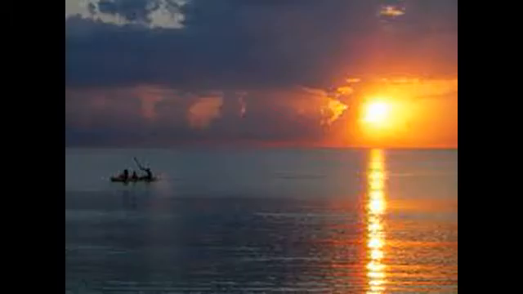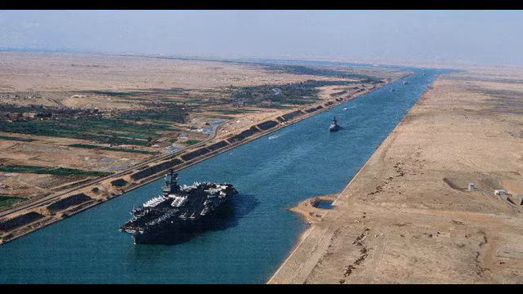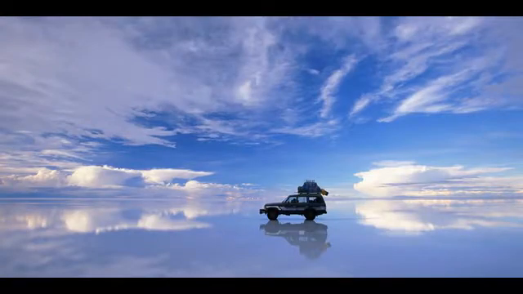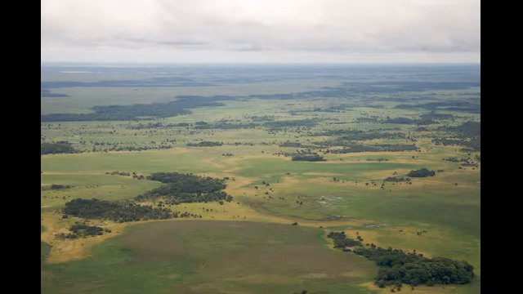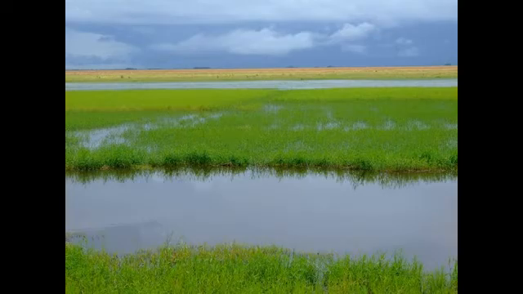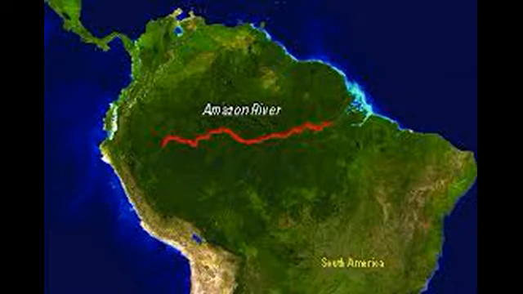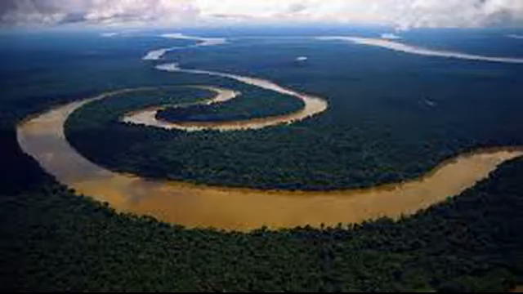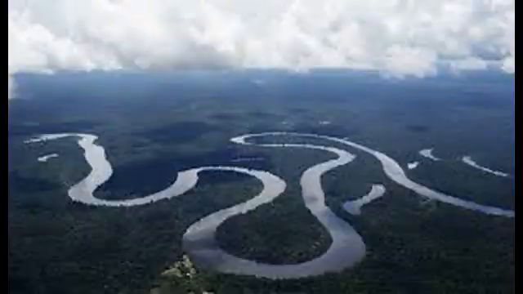Other proofs of no curvature are the Suez Canal, the Utah or Bolivian salt flats, the up to 270 square miles of flat plains or llanos of Venezuela, and the fact that over the last 700 miles of the Amazon's course, the river experiences a drop of only 12 inches.